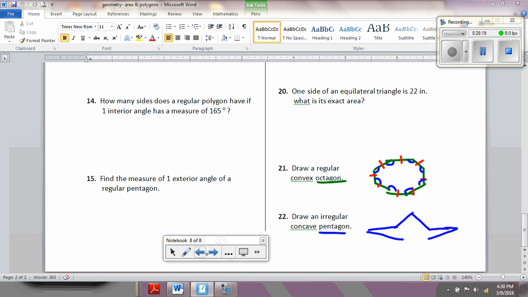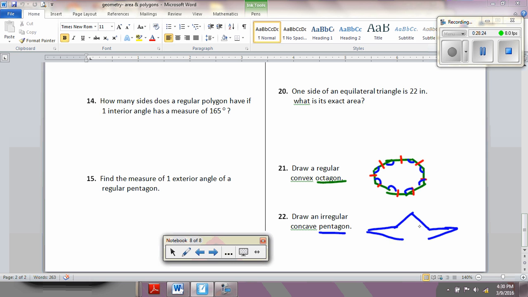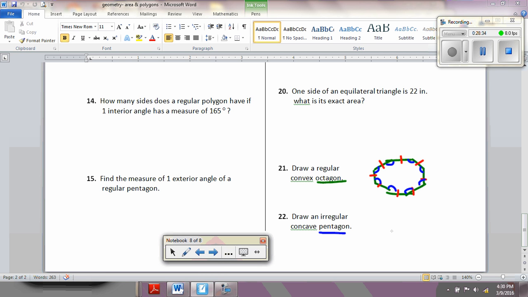Let me redraw that. An arrow, I think I can get that in 5 sides. Let's try it. There's 1, there's 2, 3, 4, 5. Okay, a flag. It has 5 sides, it's concave, and none of the sides are the same.